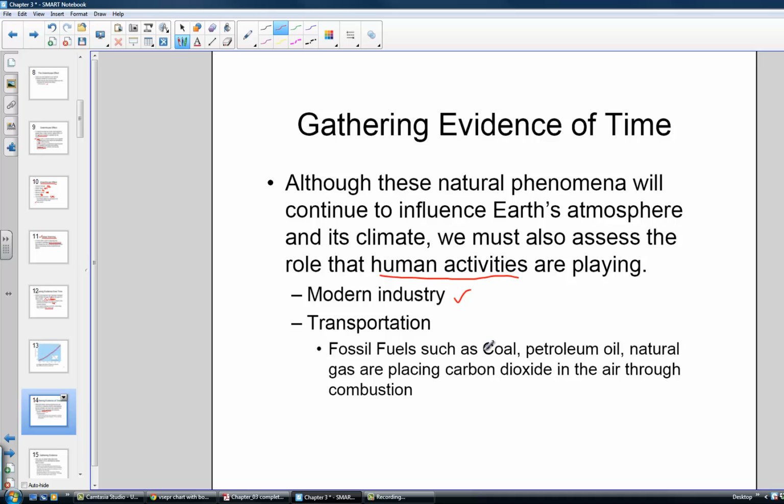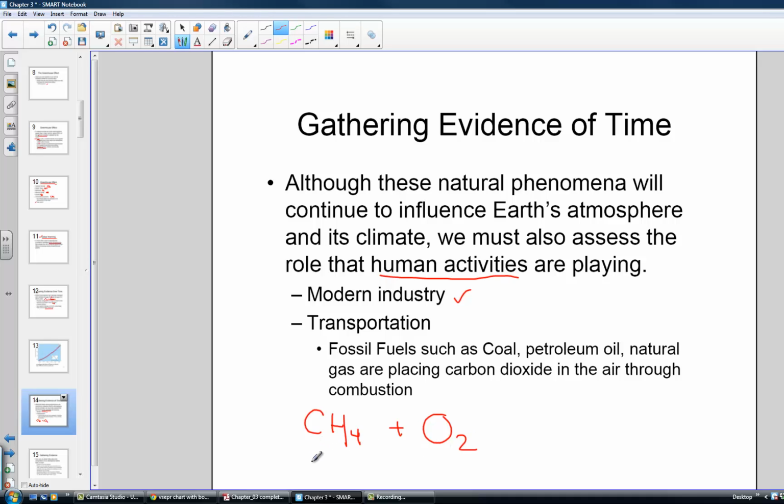How about the levels of carbon dioxide from fossil fuel burning? I mean, we all own cars and drive. The natural gas coming out of petroleum cracking, natural gas placing carbon dioxide in the air. So anytime we take a fuel, and this is a good review from a previous lesson, this is natural gas, but it could be absolutely any hydrocarbon.